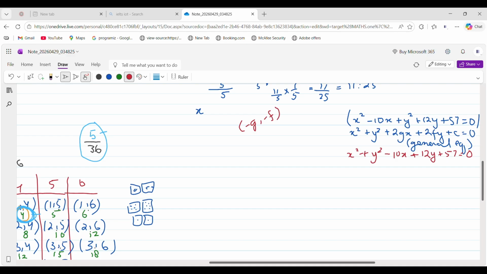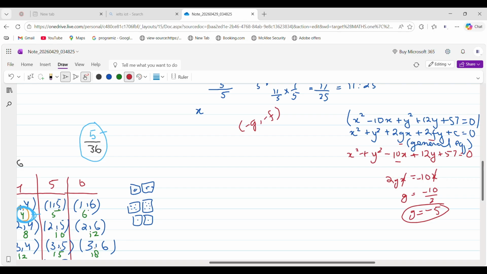So I have to find my center basically here for now. Okay, so for finding the value of g, I have to compare it basically, right? 2gx equals minus 10x. This x cancels with this x. g equals minus 10 by 2, and this g equals minus 5. Okay, we have gotten the value of g.